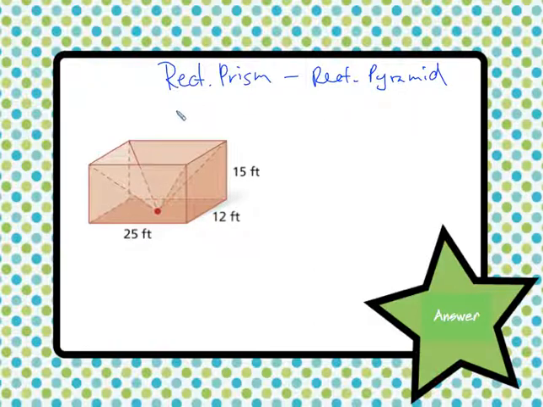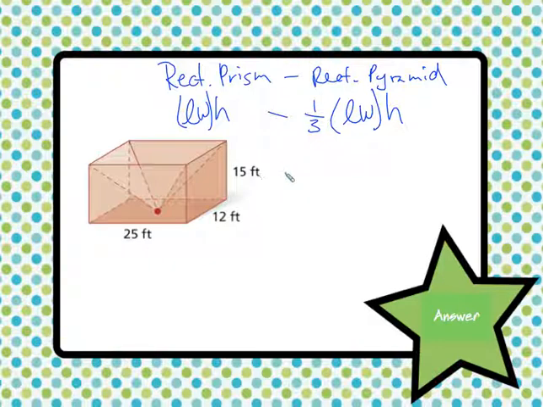So the rectangular prism is going to be length times width times height, because this is capital B, area of the base is length times width, and then times the height. Then this one's 1/3 length times width times height. So I'm going to call the bottom of this the base.